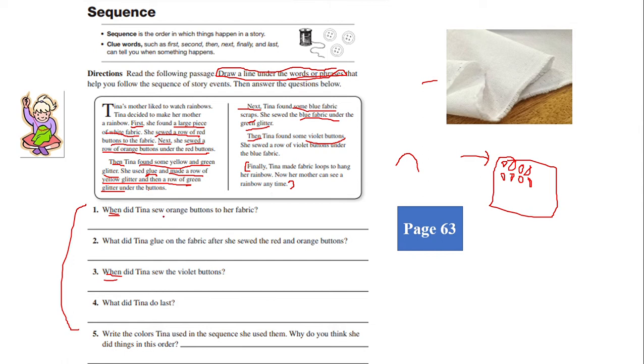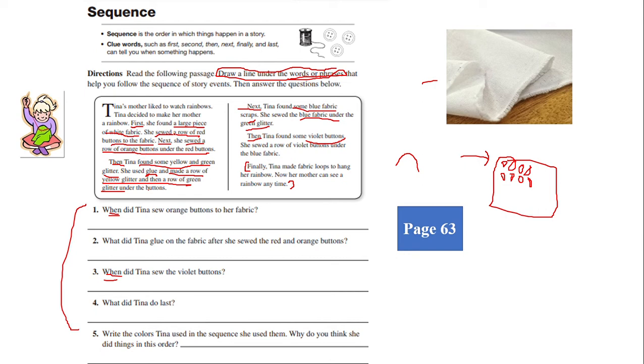When did Tina sew orange buttons to her fabric? When did that happen? You will look again here. First, she sewed a row of red buttons. Next, she sewed a row of orange buttons. So when did this happen?